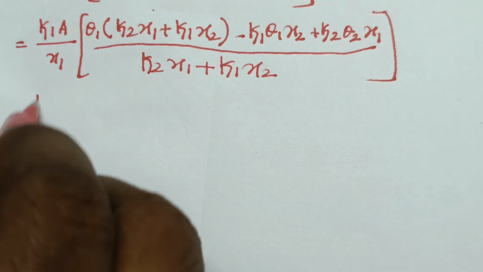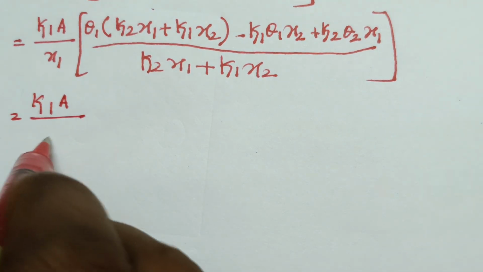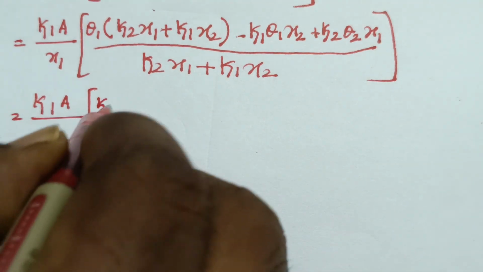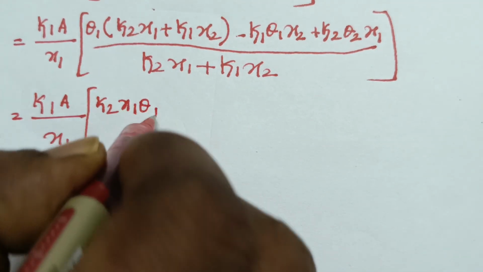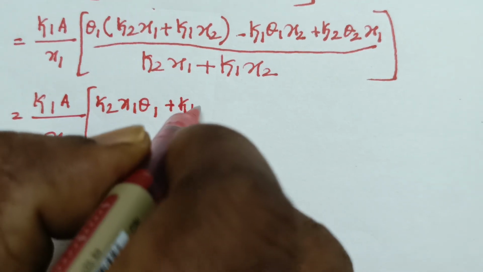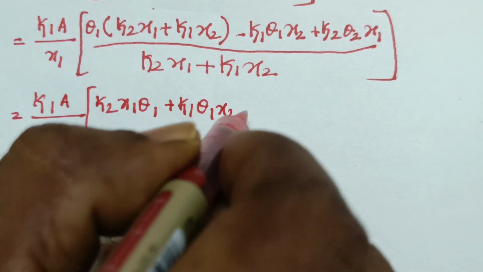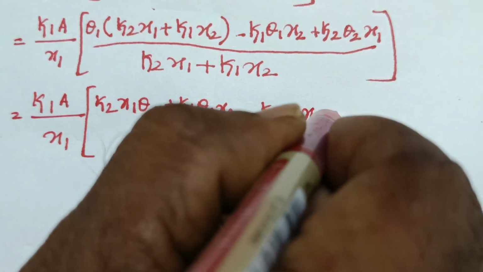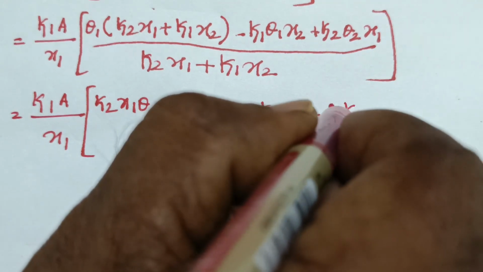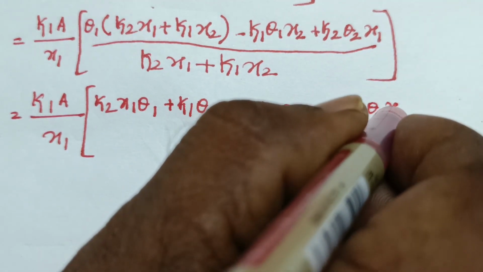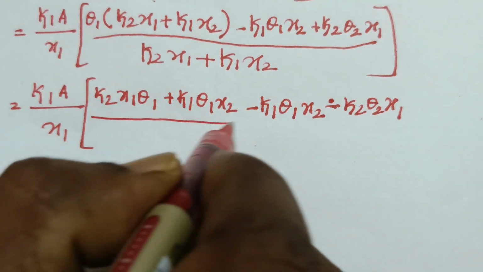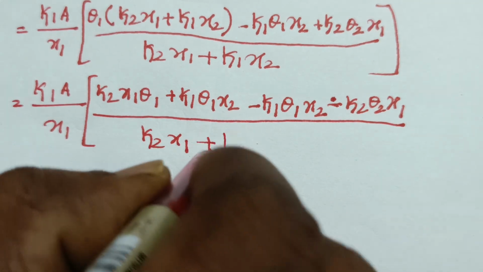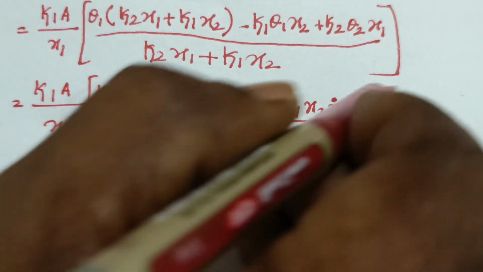Then this is equal to K1 A divided by x1 into K2 x1 theta 1 plus K1 theta 1 x2 minus K1 theta 1 x2 minus K2 theta 2 x1, the whole divided by K2 x1 plus K1 x2.